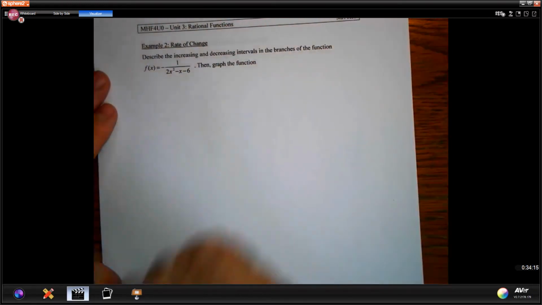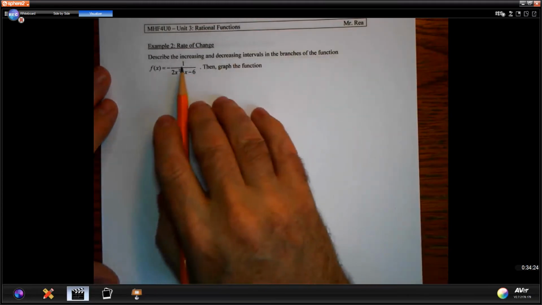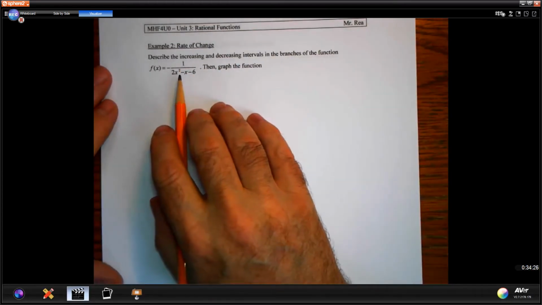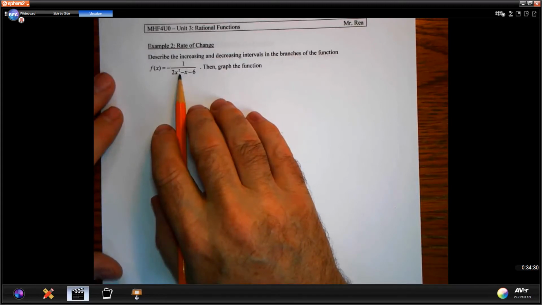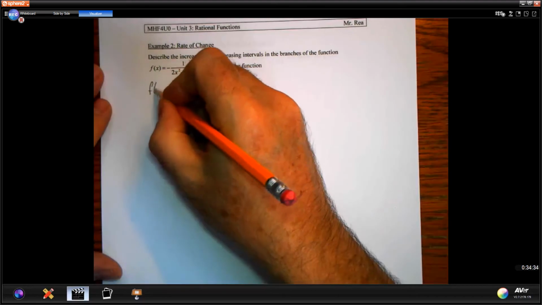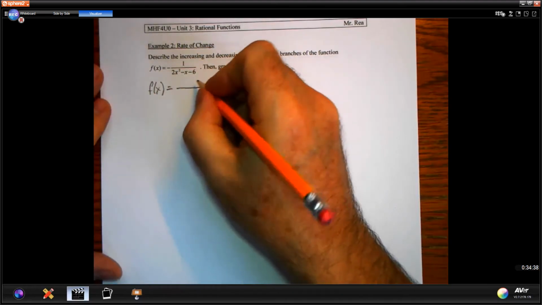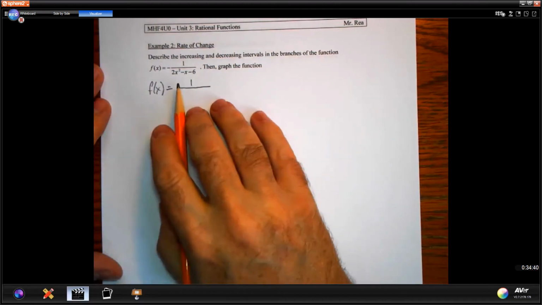In order to graph it, we need to find all the information we found on the previous example. This time, you notice, we have a quadratic function in the denominator, but not quite as easy to factor. And we know we have to factor it in order to find the vertical asymptotes. I'm not going to go through the factoring of this.